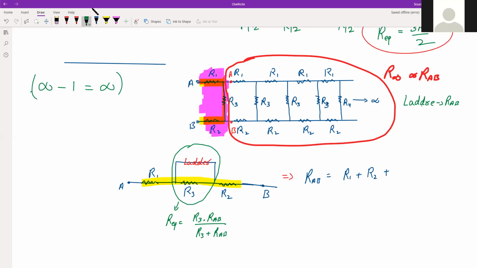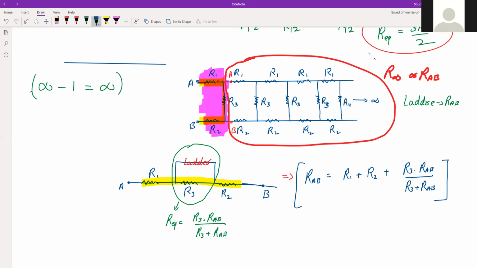And these three, that is R1, R2, and the equivalent, are in series. So here it will be R3 into RAB divided by R3 plus RAB. And now you simplify this, you will get the RAB.